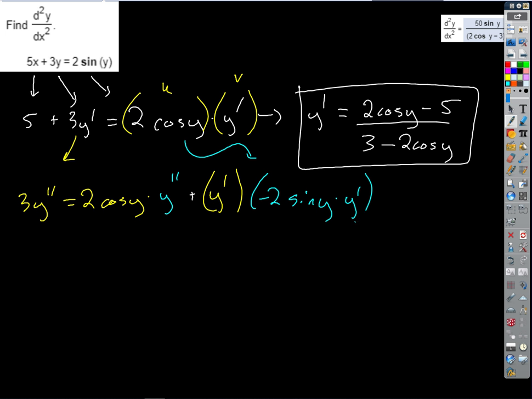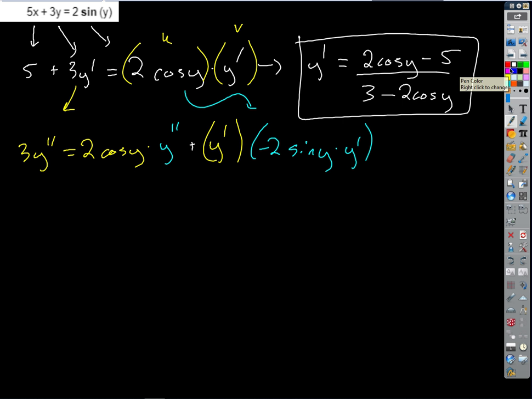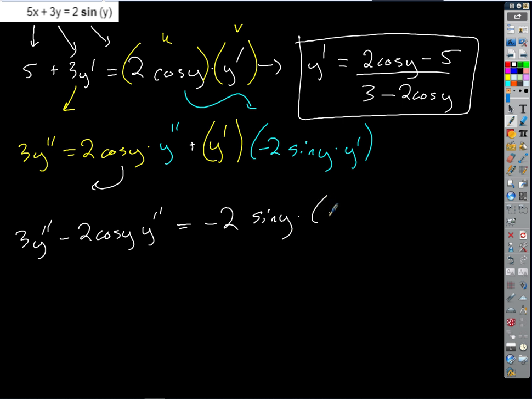So we would subtract this term over that way. 3 y double prime minus 2 cosine y double prime equals, here I could distribute this through and get negative 2 sine y times y prime times y prime, which is just y prime squared.